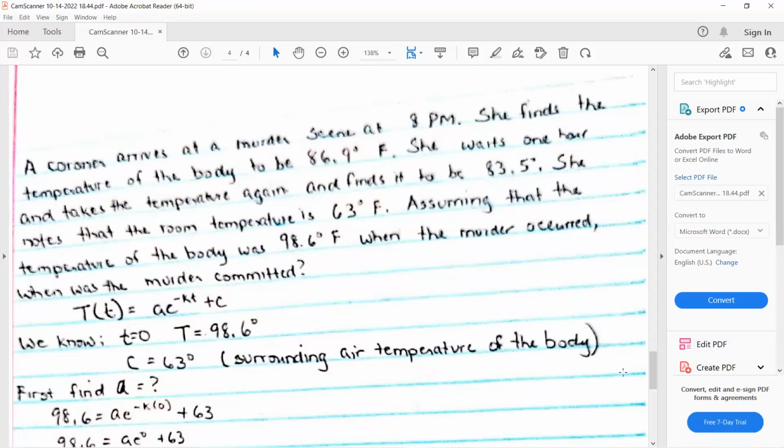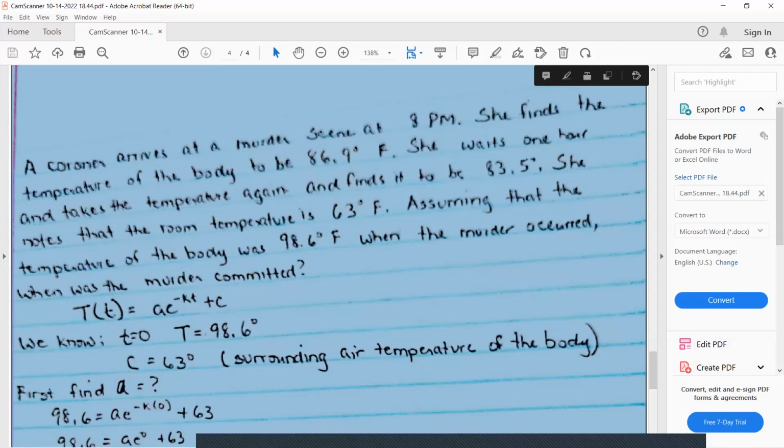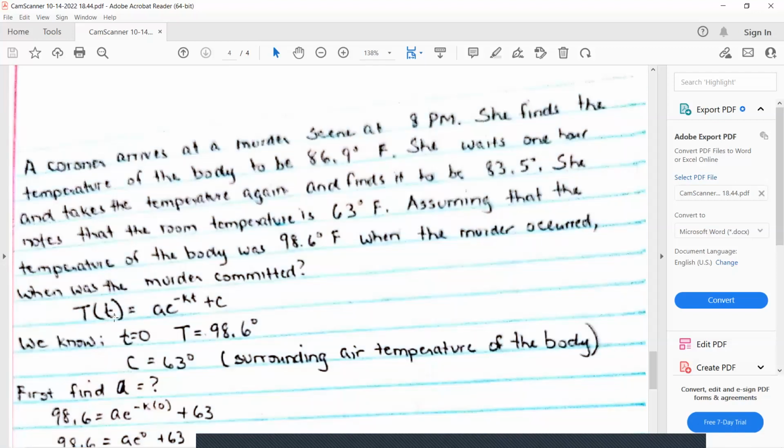So now the trick here that might be a little bit tricky because of the way it's written is the T's, okay? This small t is, our reference point is 8 p.m. Okay, because that's when she got there. That's when they found the body at 8. Okay, she got there at 8.